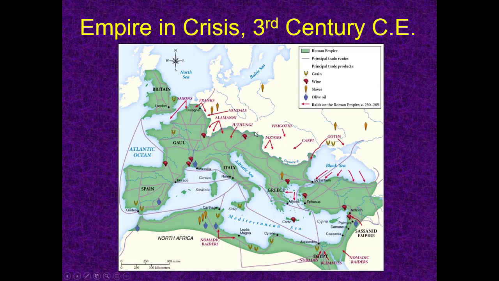Now I said the Huns, right? And yet you don't see a lot of words here that say Huns. And there's a reason for that. When you look at the Saxons, the Franks, the Vandals, the Alemanni, the Jutes, the Visigoths, all these guys, why are they all invading into the empire instead of staying out here where they were happy? The reason is because the Huns are out here, and the Huns keep on attacking these guys.